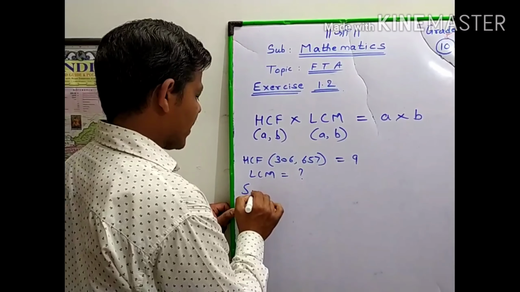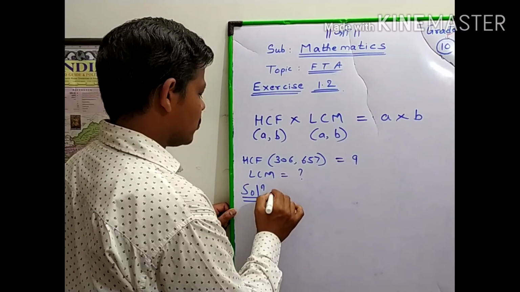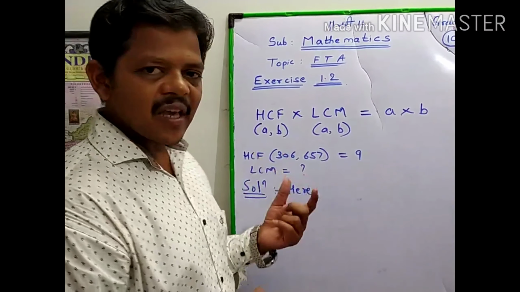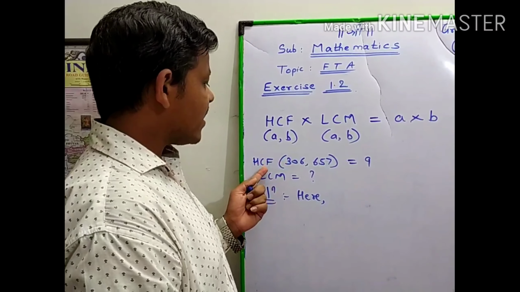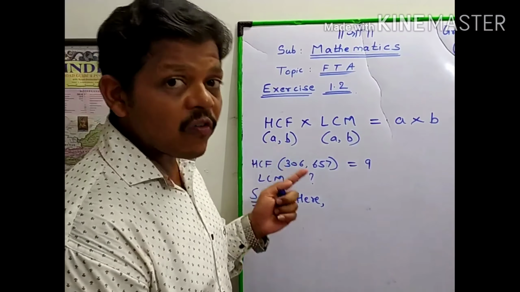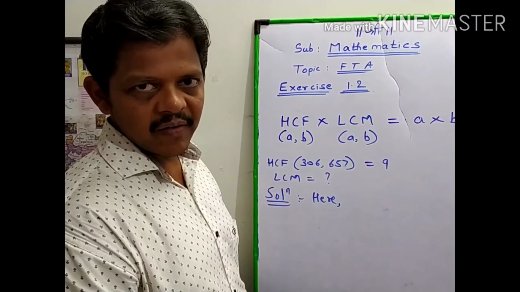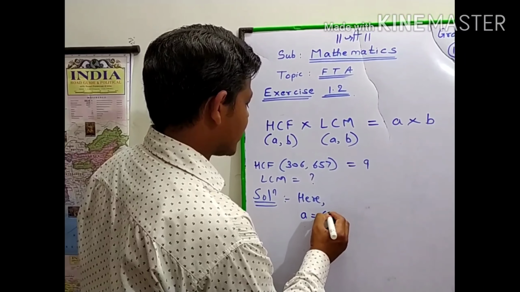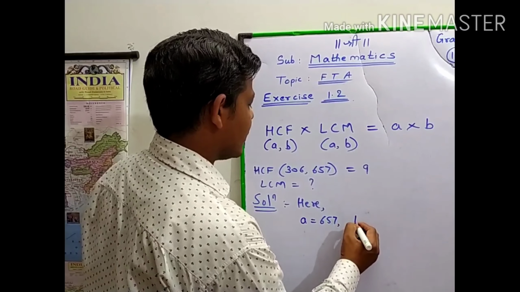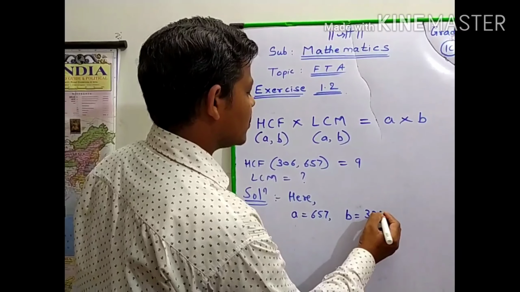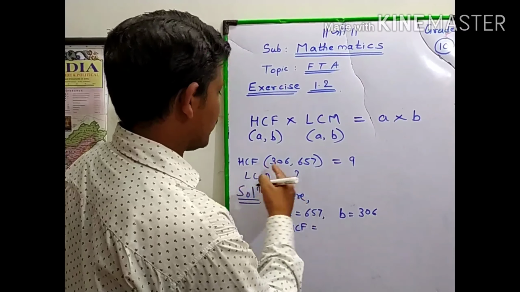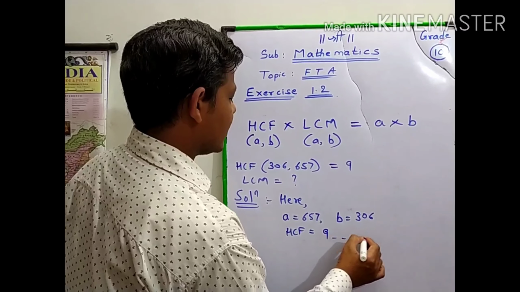So in my solution part, when I start the solution, what can I write here? Which are the given two integers, children? Obviously the bigger one will be A, the smaller one will be B. So integer A is 657, B is equal to 306, and HCF of these two integers is 9.